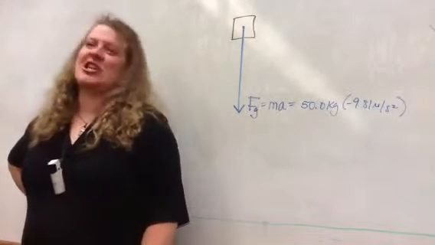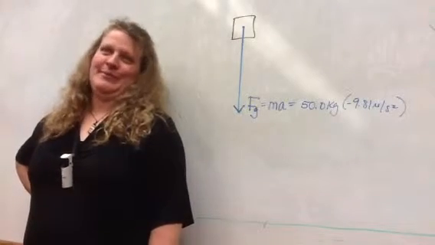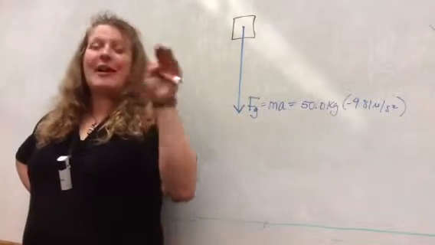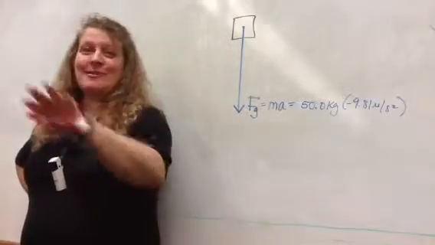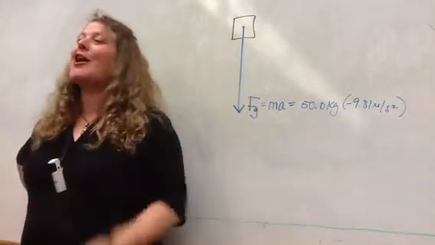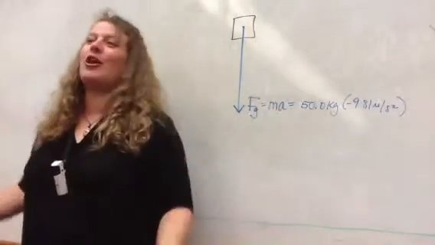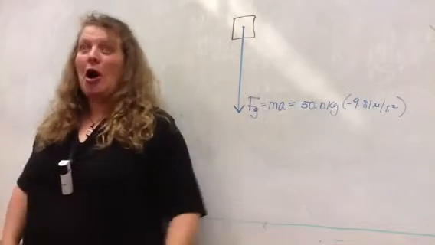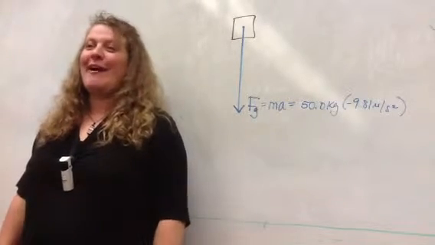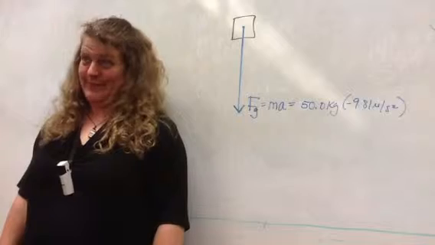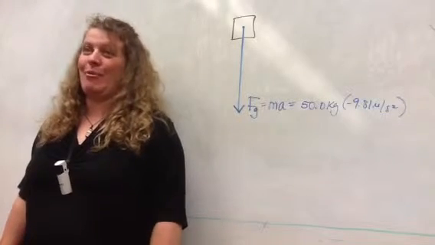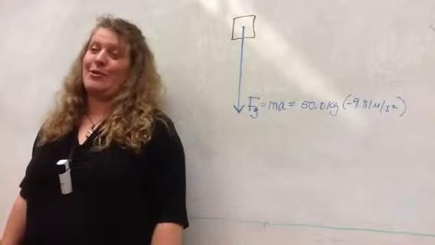You are plunging towards the center of the earth. So if right now the desk was to disappear, and the ground under you in a straight cylindrical column was to disappear all the way to the center of the earth, woohoo! You're in for a ride. You're now accelerating at negative 9.81 meters per second squared towards the center of the earth.